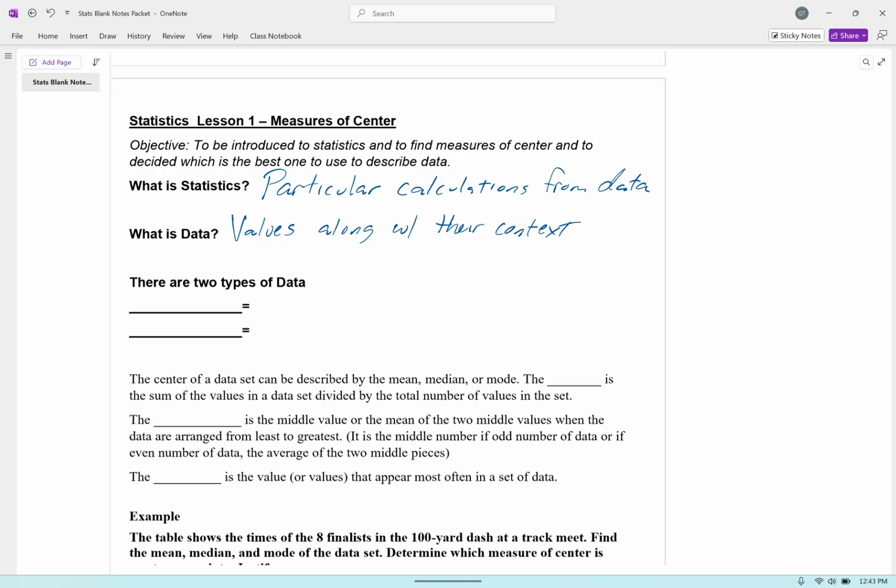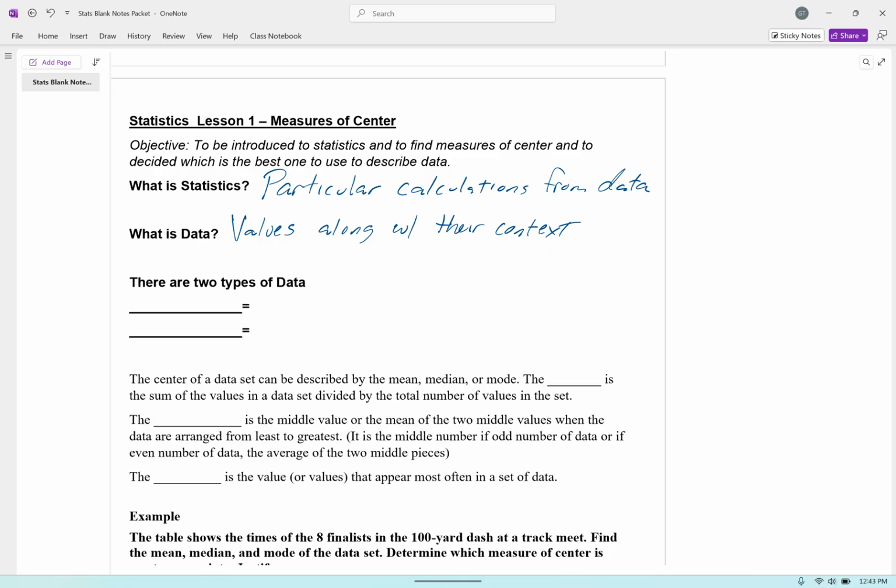Something like 12 could just be 12 in a math class, but in a science class, it might be 12 feet, or it might be 12 meters, or it might be 12 meters per second. And so that context is that label on the backside of the number to help us understand what it is. So in statistics, it's the same thing. 12 people, apples, dollars, what is it? Helps us understand that better.